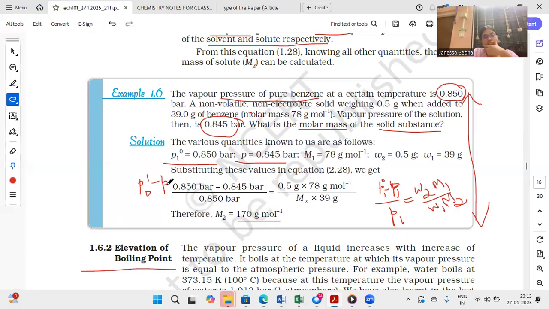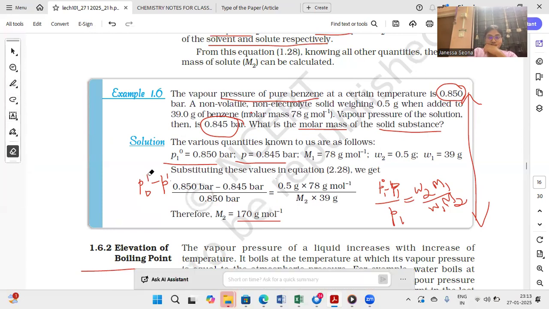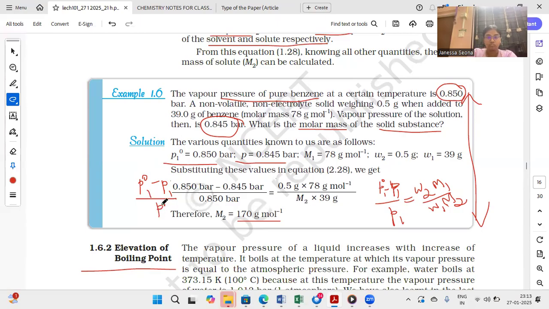Write down the equation. (P1⁰ - P1)/P1⁰ is equal to W2/M2 into M1/W1, and what we want is M2.